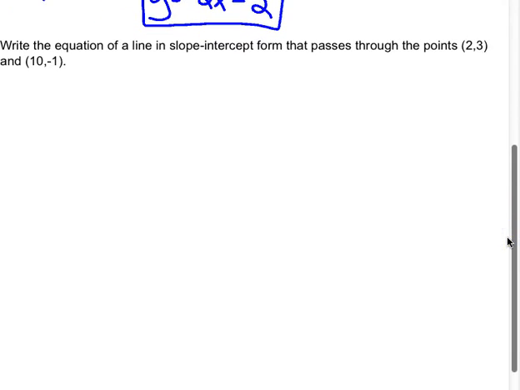Let's do one more example, thinking of it the same way. The information that's given to me, what does it mean I can do? And then how can I get it to the form I actually want? Write the equation of a line in slope-intercept form that passes through the points (2, 3) and (10, -1). All right, so I'm given information on 2 points.